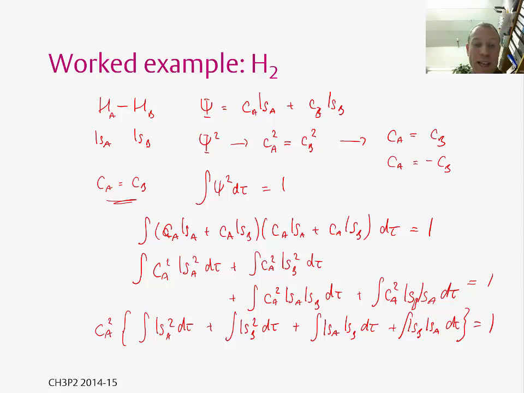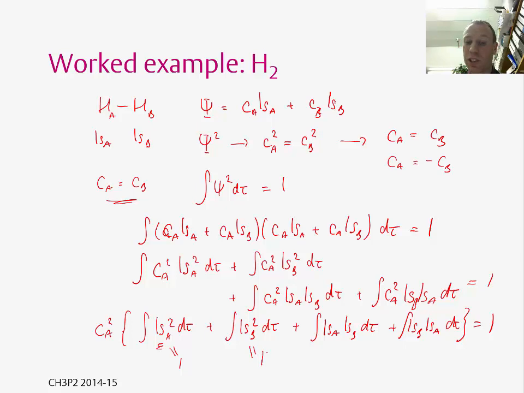Now we can make a couple of simplifications here. We actually know that the atomic orbitals are normalized already, because we can use normalized atomic orbitals. So the integral of 1sa squared d tau is just equal to 1. The same for the 1sb orbital.